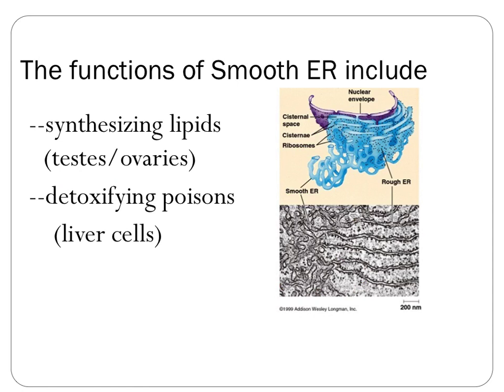The other thing that smooth ER can do is detoxify poisons. So your liver, for instance, which that's basically its job, is to detoxify poisons of all sorts, things that might harm your cells. The liver would also have a lot of smooth ER so that it can do that function, detoxify those molecules that might otherwise be harmful.